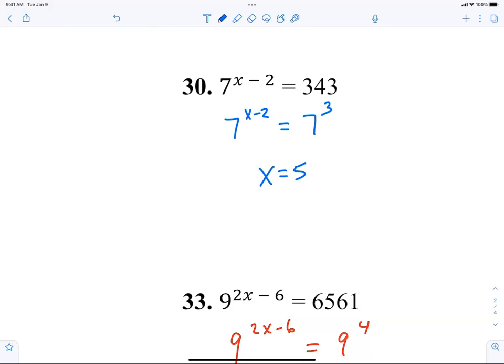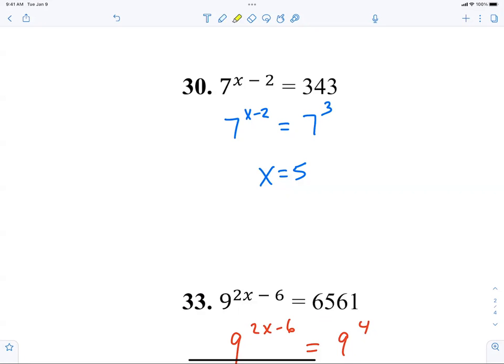I know, because some of you are doing it the way you want to do it. What did you write on your calculator? 7 to the power of x minus... I know you did that. You didn't have to tell me. I didn't want you to do that. I need to convert.